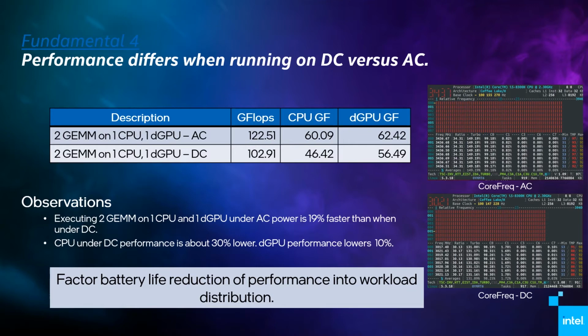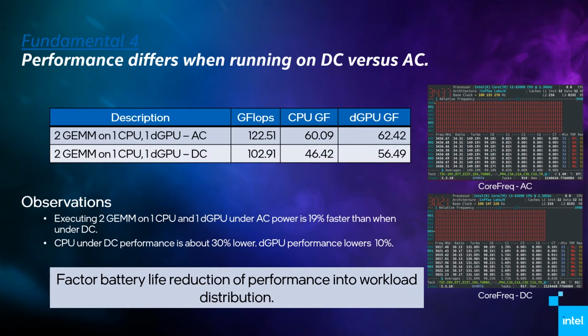But one observation is that the CPU performance actually dropped lower than the discrete GPU when running under battery. So the CPU under DC, the performance is about 30% lower, while the discrete GPU performance lowered about 10%.